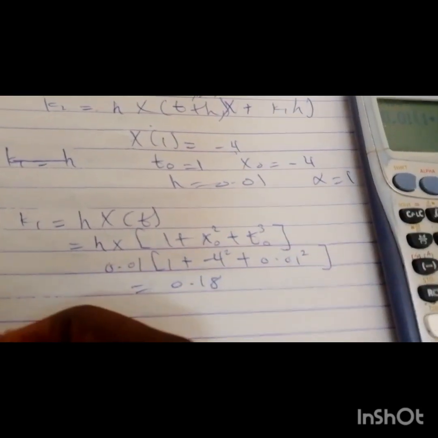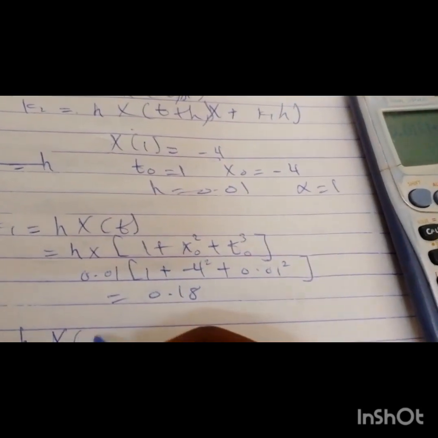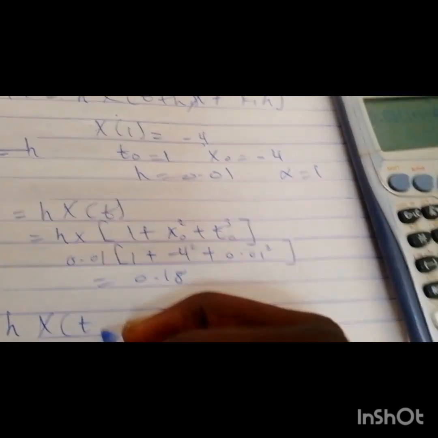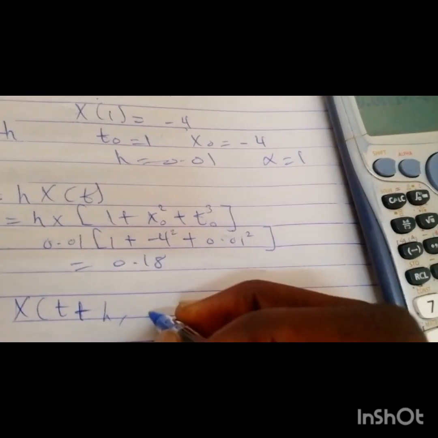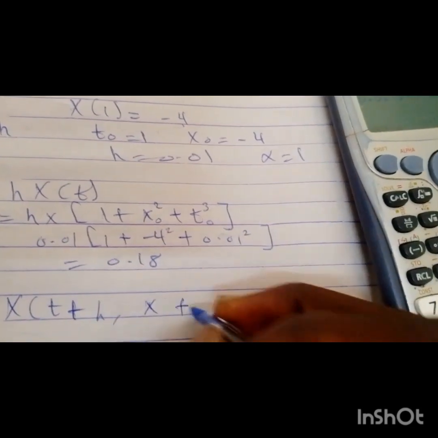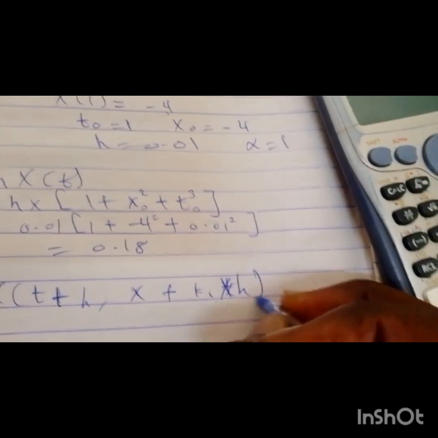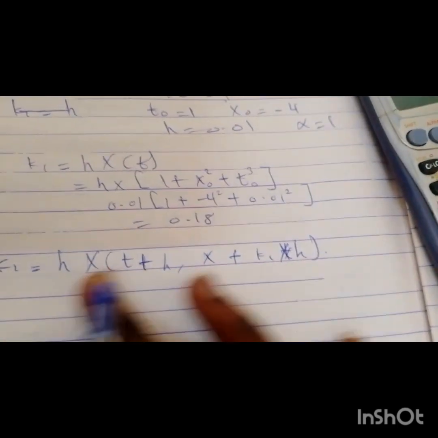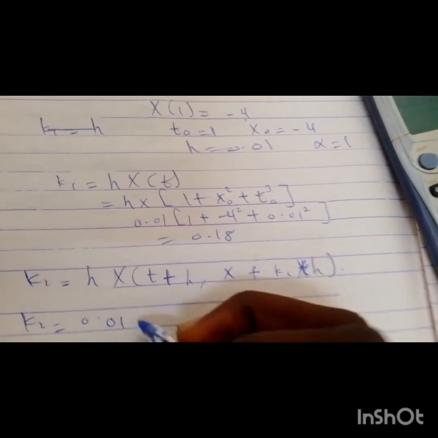Now we need our k2, and our k2 is h times x of t, but incremental. So let's say t plus h, and then our x plus the k1 times h. So our k2 will be equal to the same function again. It's not anything different.